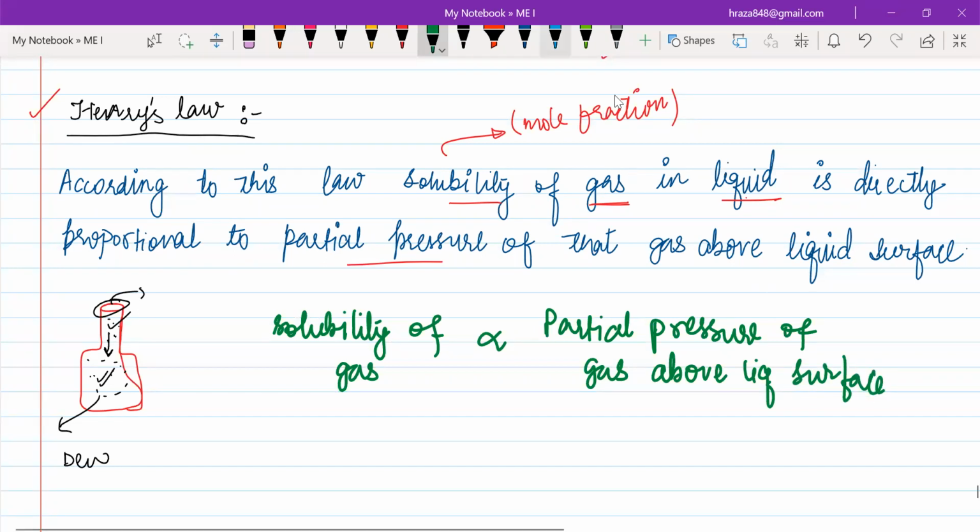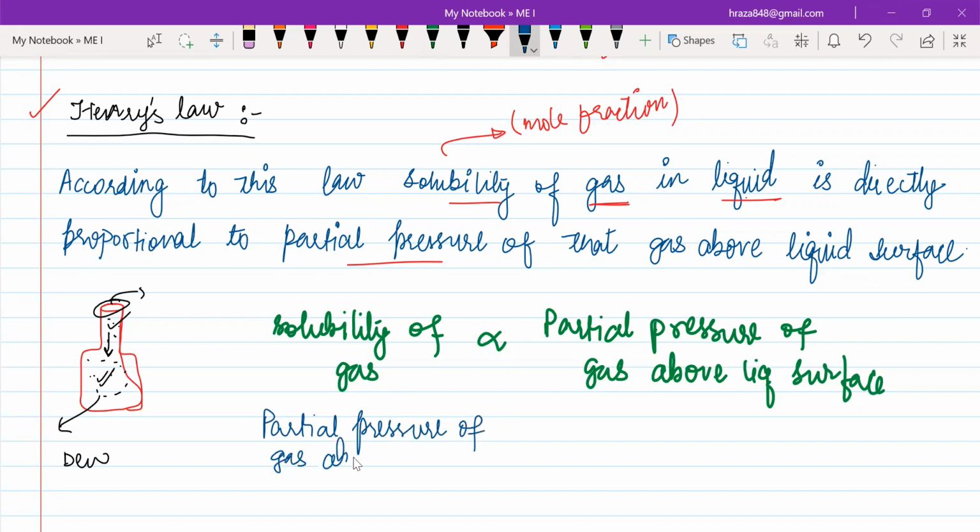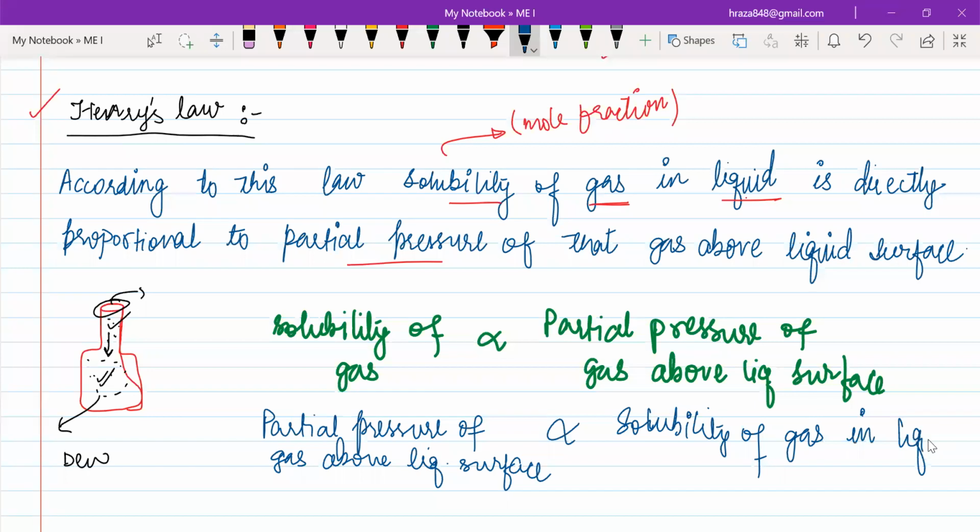We can also write it the other way: partial pressure of the gas above the liquid surface is directly proportional to the solubility of the gas in that liquid.